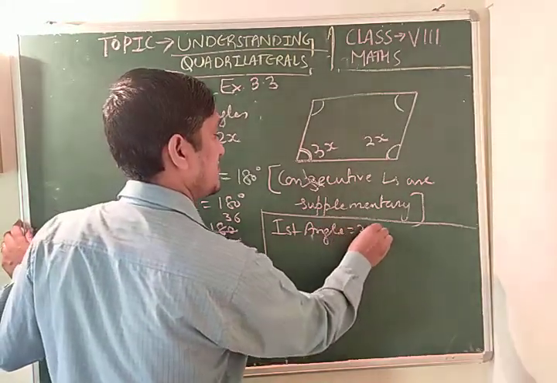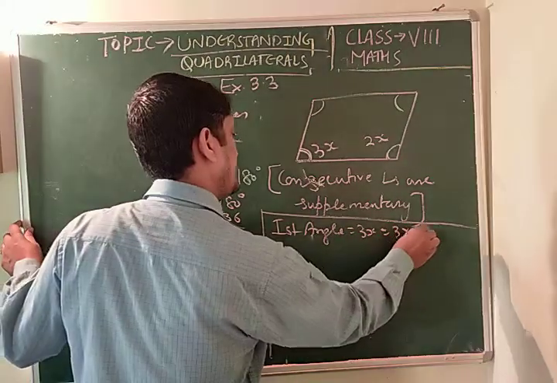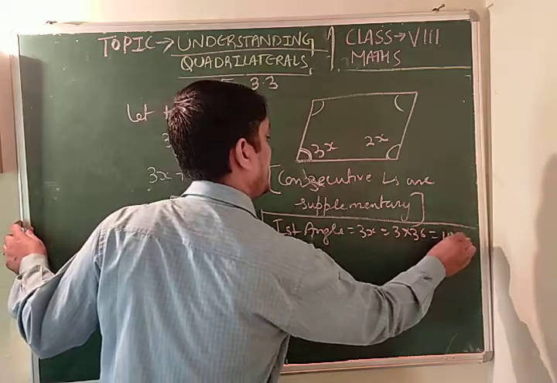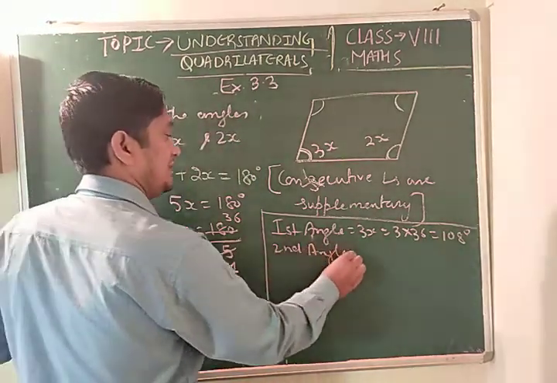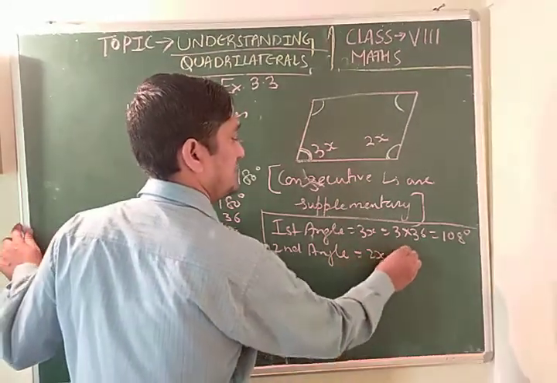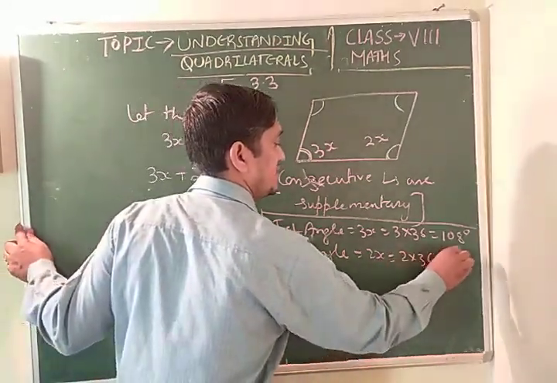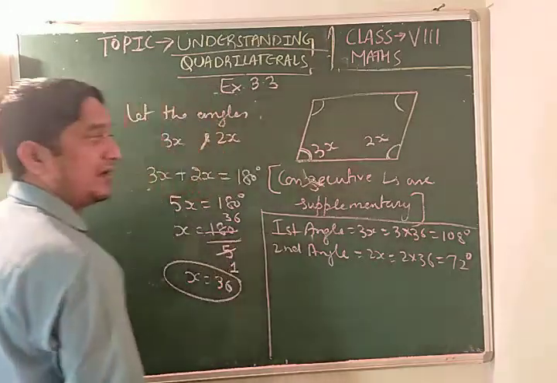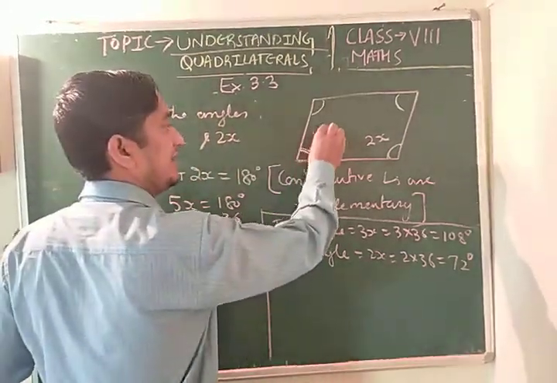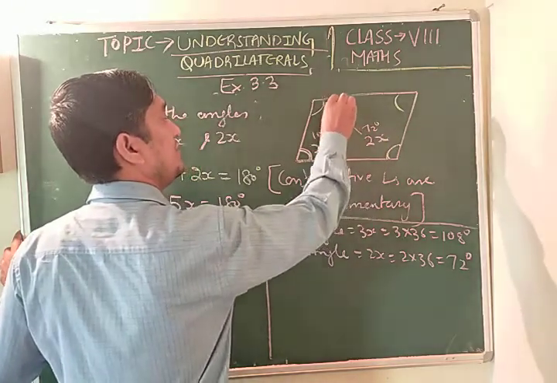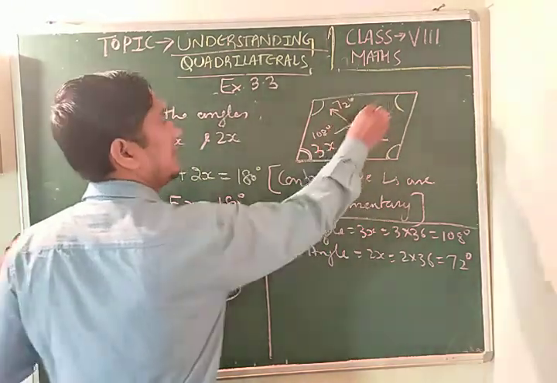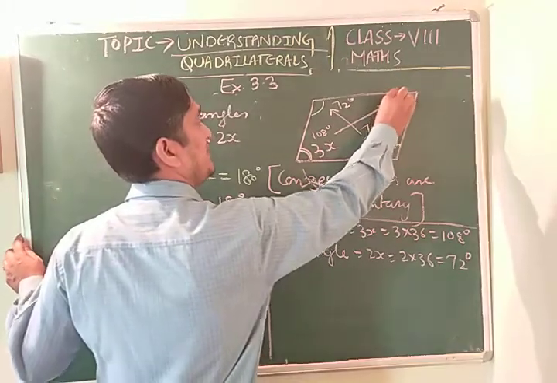So therefore, the two adjacent angles are: the first angle is 3x, that is 3 into 36, 108 degree. The second angle is 2x, that is 2 into 36, 72 degree. This is 108 degree. This is 72 degree. Now this is opposite to this, so it is also 72 degree, and this is opposite to this, this is also 108 degree.